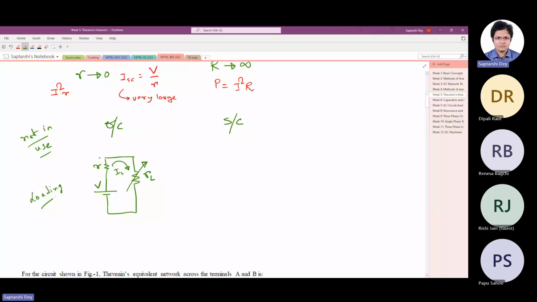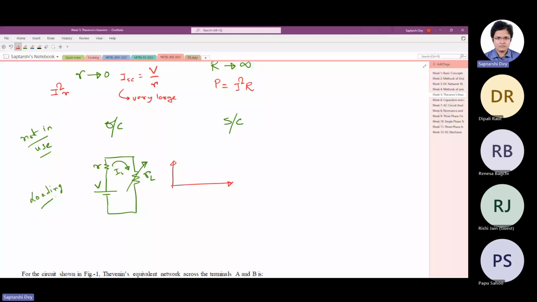Now, since there is a resistance in the source, you can do this by yourself. It is very easy to find. We have to find the characteristic of the voltage source. When you are drawing a graph, on the x-axis you draw the independent variable, and on the y-axis you draw the dependent variable.